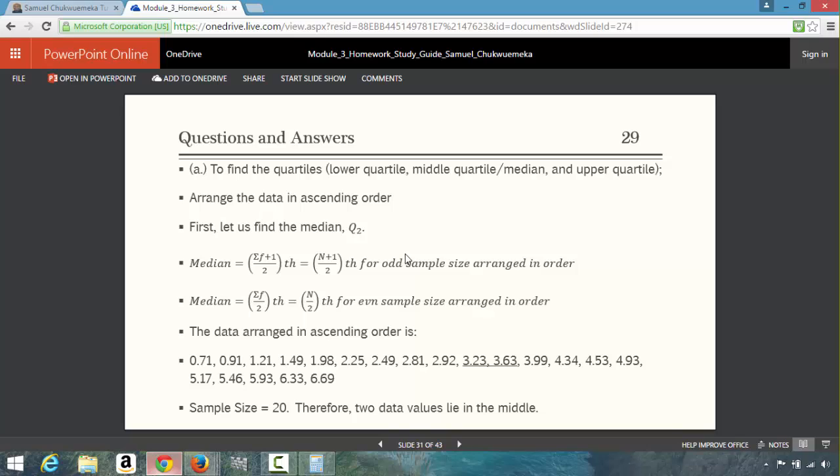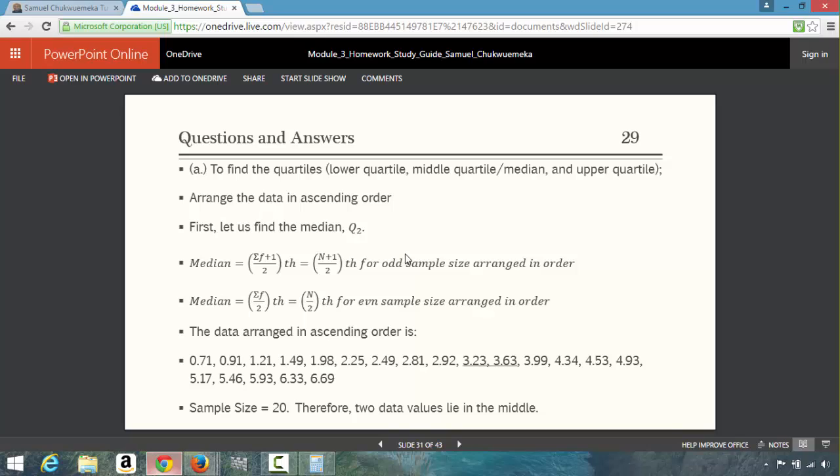If you have 5, the median will be the third guy; you remove the lower 2 and the upper 2. But what if you have a sample size of 4? You have 2 guys in the middle, so the median will be the average of those 2 guys. That is the way we compute median.